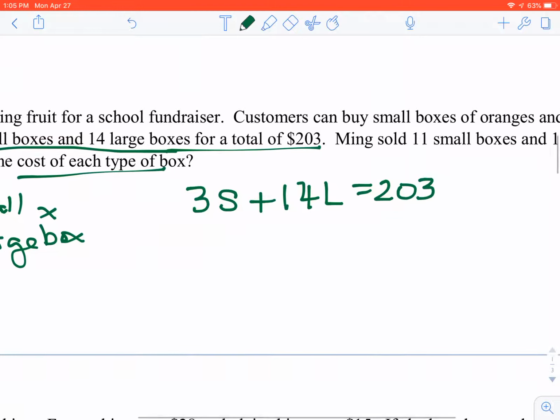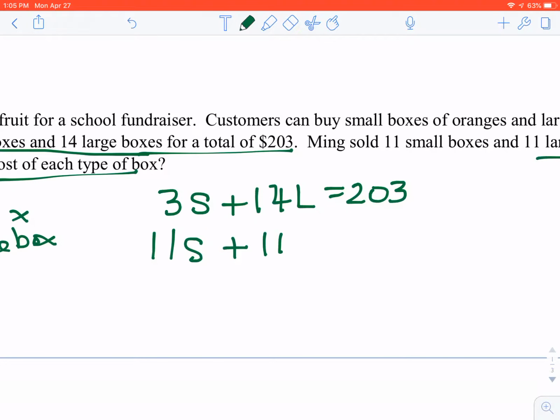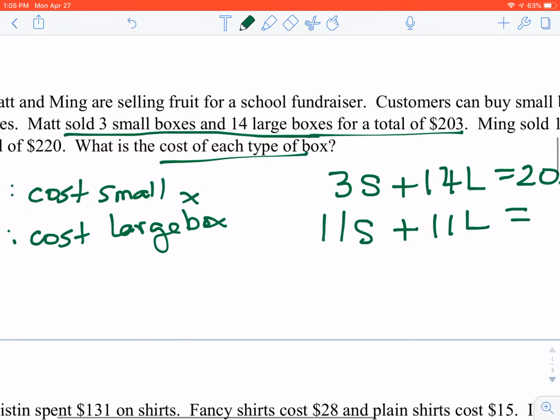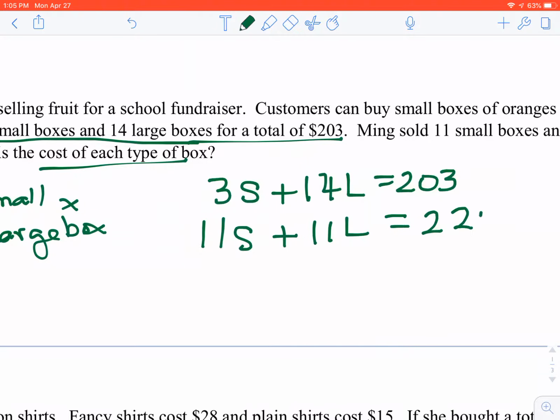Ming sold 11 small boxes and 11 large boxes, and that's going to be a total of 220. Now, me personally, if I were going to solve these, I'd divide everybody by 11 in that second equation to make everything smaller. But you can do whatever.